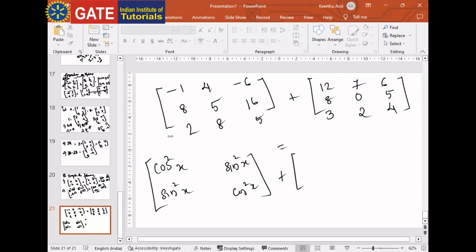Plus sin squared x, cos squared x, cos squared x, sin squared x. Add between the elements, you'll be getting the idea how to do.